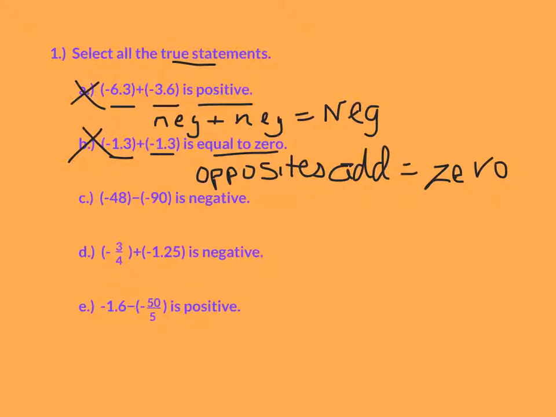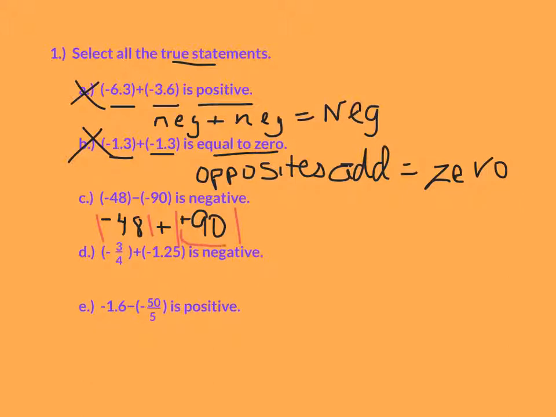Okay, negative 48 minus negative 90 is negative. Well, this one I'm going to have to do a little bit of work, not all of it, obviously, but I have to stay, change, cha-cha-cha. Don't forget to cha-cha-cha. And now I know when I actually do this addition, the signs are the same. Nope, they're not the same. If the signs are different, find the difference. So I know that I'd be finding the difference of these.